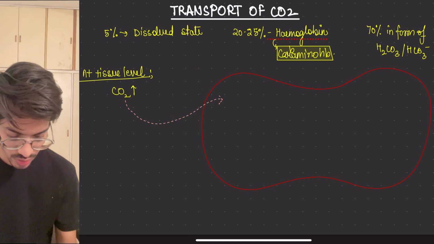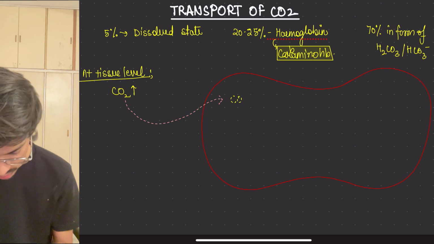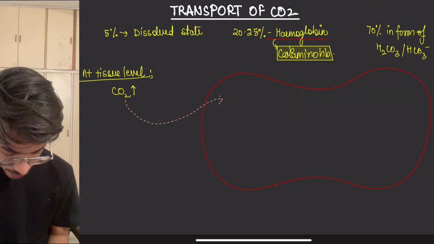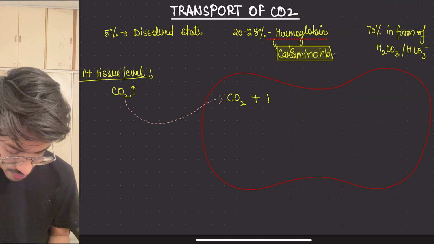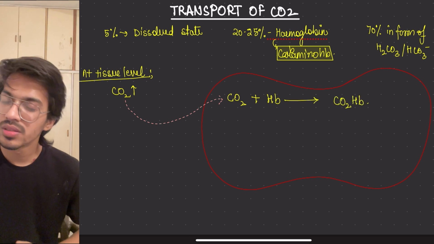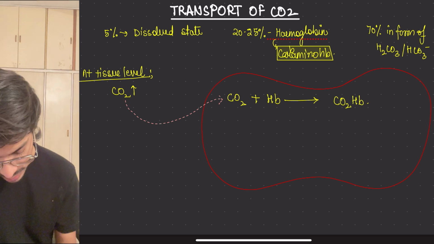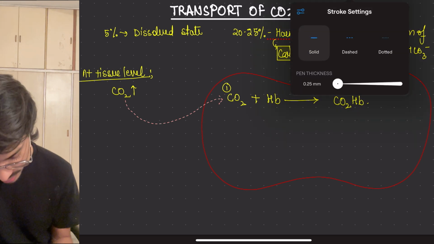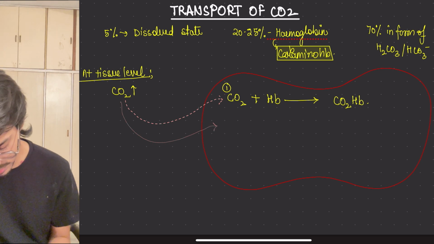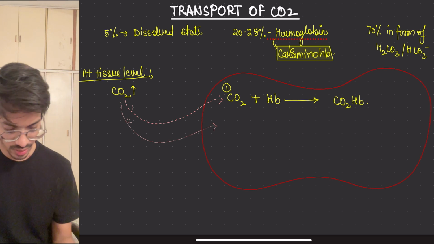As it goes inside, this carbon dioxide will bind with hemoglobin and form carbaminohemoglobin. This is one thing that you have to remember. The second thing that is happening, we are making it with this color.